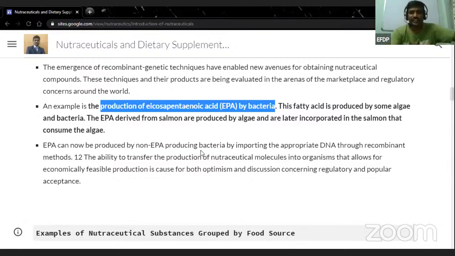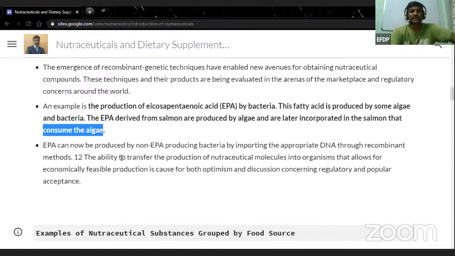So this EPA derived from salmon is produced by algae and later incorporated in a salmon that consumes algae specifically. Means what?